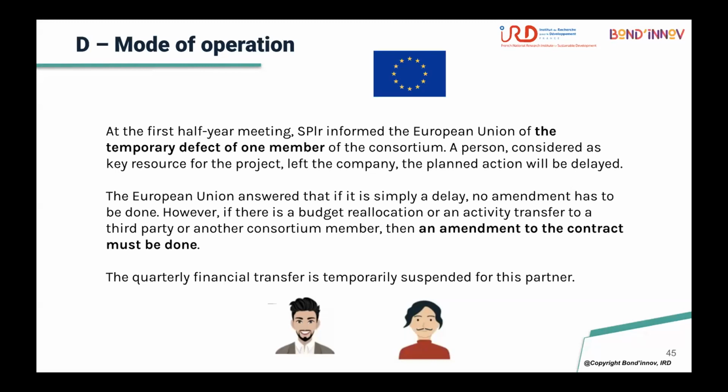So the planned activities with this company will be delayed. The European Union answered that if it is simply a delay, no amendment has to be made. However, if there is a budget reallocation or an activity that will be transferred to a third party or another consortium member, an amendment to the contract must be made.